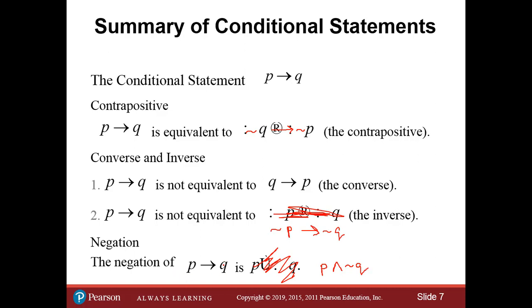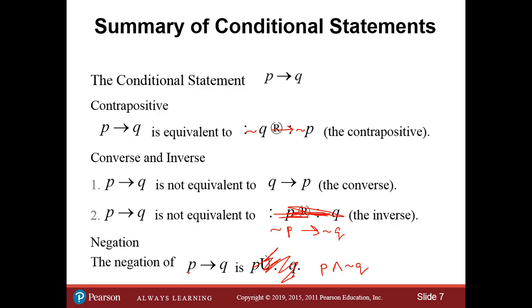The only time this is going to be false is if this is true and this is false. So this is true and this is false means that the whole thing is going to be false for an and statement, because in order for an and statement to be true, both of these have to be true. Well, let's look at this. If this is true and this is false, then this is false, which is the same thing as this.